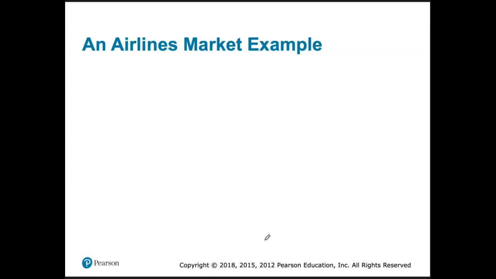The first thing we need to do is find the residual demand equation for American Airlines. Remember, the residual demand is the demand that American Airlines has left after all the other demand in the market is met.